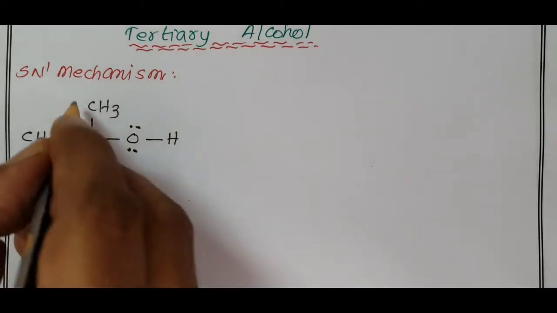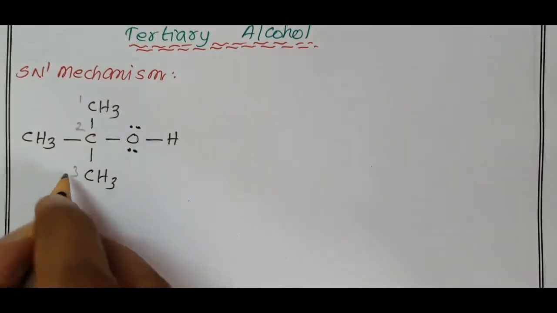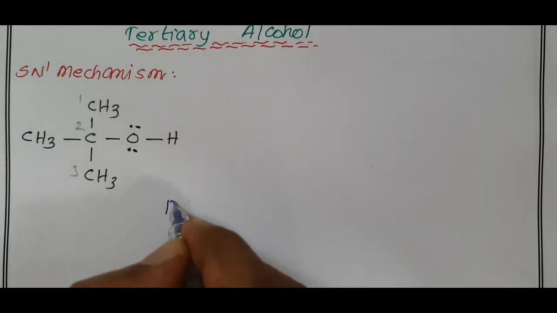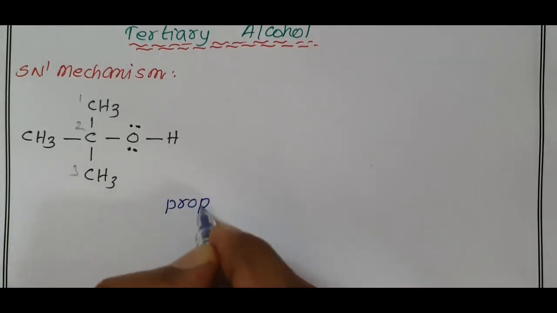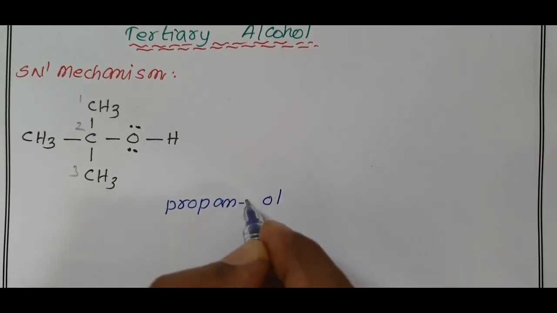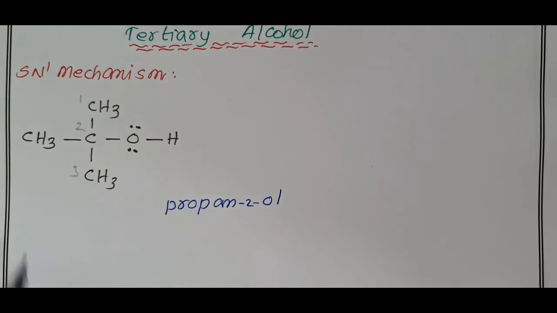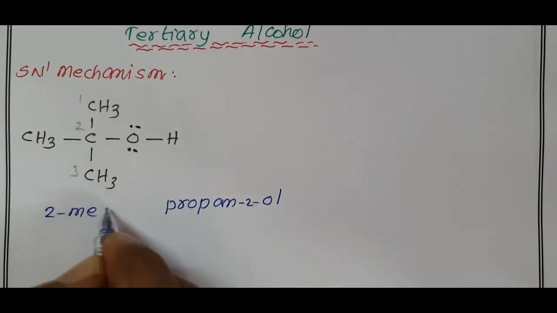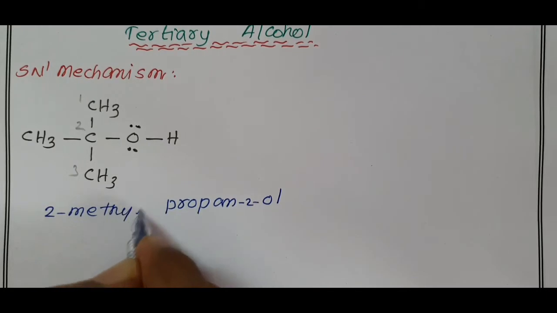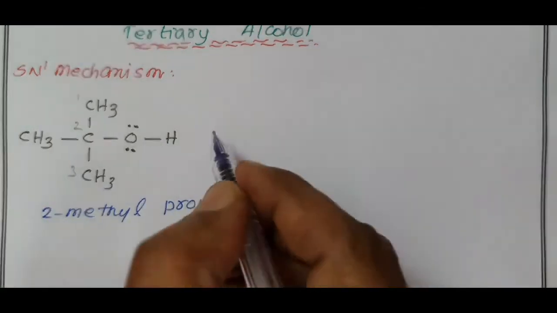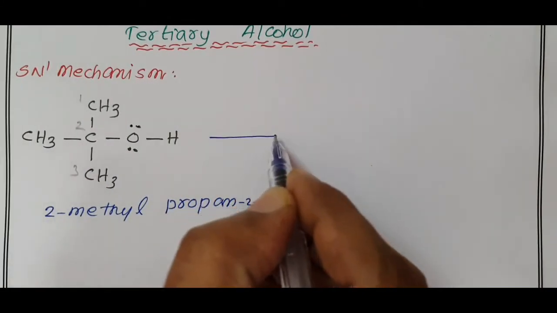This is our main chain 1, 2, 3. 3 carbons in the main chain, root word prop, carbon single bond, ane, OH, ol, position of OH 2. In the same second carbon we have 1 methyl. So what is the IUPAC name? 2-methylpropan-2-ol.